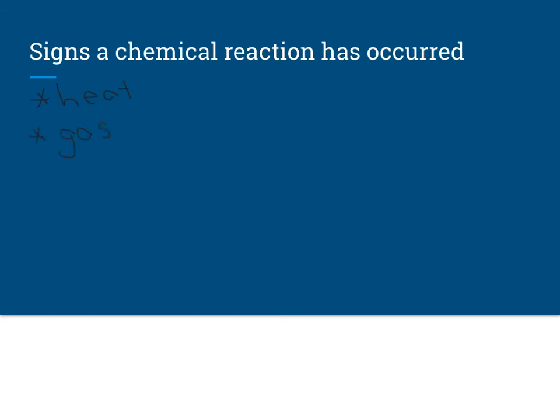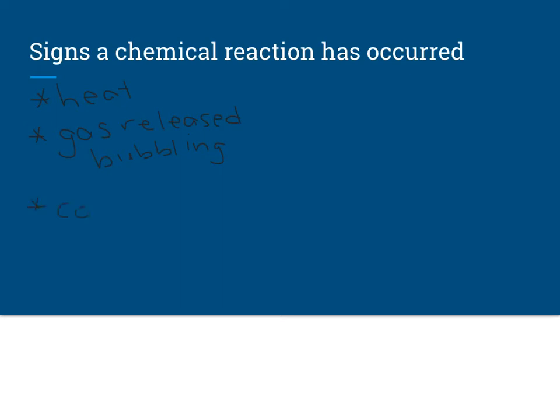Another example is gas being released. Typically when we mix two substances together and we see bubbling, bubbling tells us that a gas is being released. And the generation of a gas is a good indication a chemical reaction has occurred.